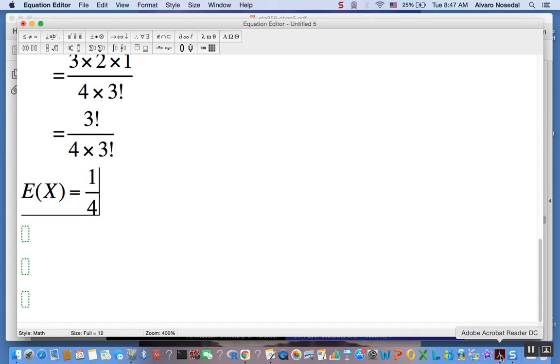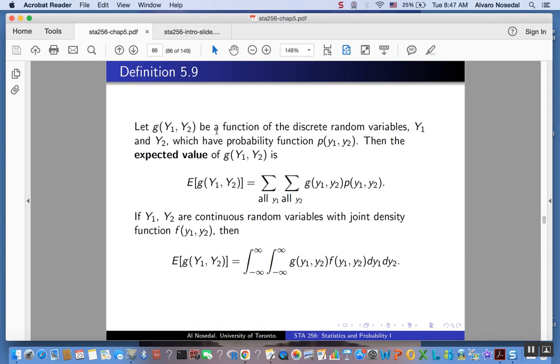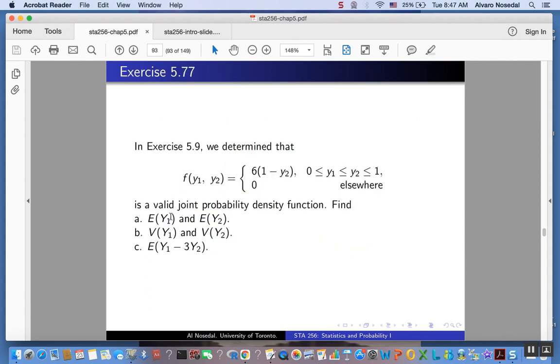Let me show you another way from our lecture notes. This is the problem that we wanted to solve initially. Another way is to find the marginal of y1 first. If you find the marginal first, then all you have to do is what we did before: use the expected value for a univariate random variable.